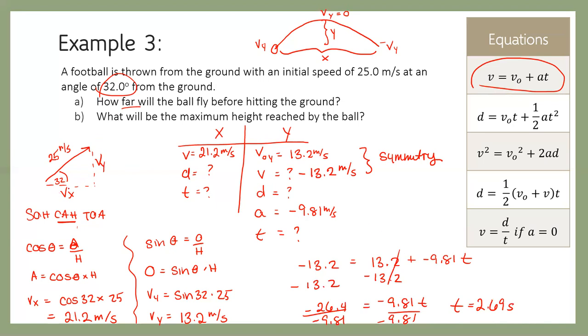And then if it's in the air for that long, in order to find out how far it goes in the x, we're going to take our vx times our time, which is equal to, we had an x velocity of 21.2 times 2.69 equals 57 meters.